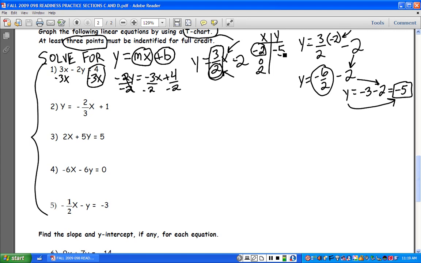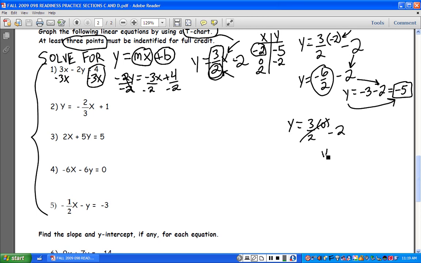So now you do the same thing, plug in a 0 for x. So y equals 3 over 2 times 0 minus 2. And we know 0 times anything is just 0, so we can just cancel all of that, and you're stuck with y equals negative 2. So you have that, and now we're going to go with the positive 2 being plugged in.